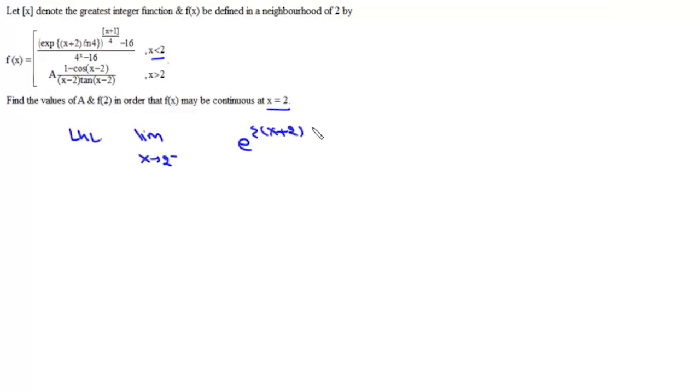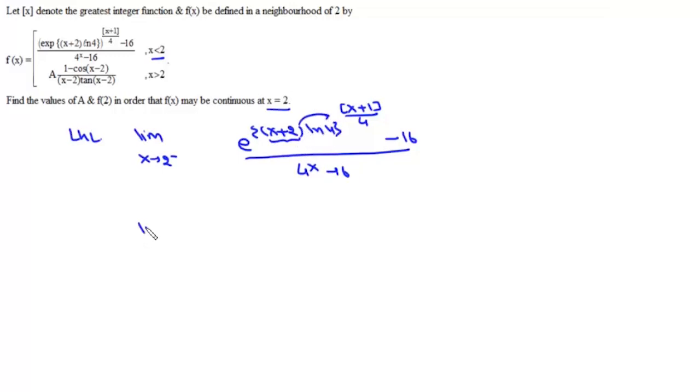(x plus 2) log 4, whole to the power greatest integer function of x plus 1, divided by 4, minus 16 upon 4 to the power x minus 16. Now what we'll do is, we'll take this x plus 2 to the power of 4 and then e and log will cancel.